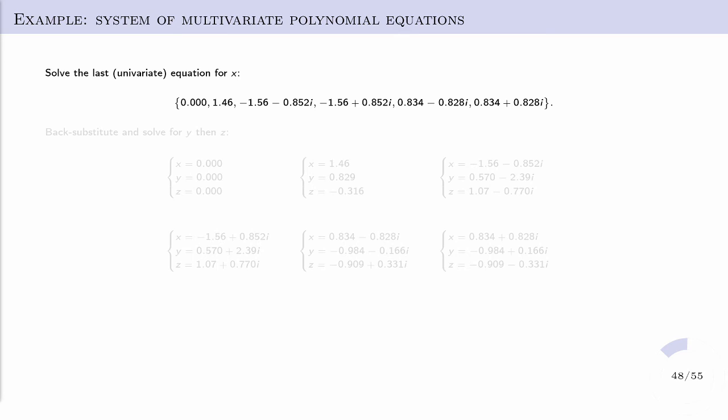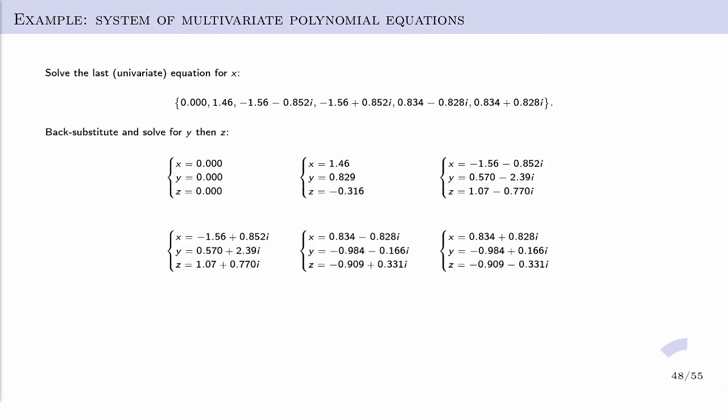And now we can apply either of the 2 strategies explained at the beginning of the lecture. So we can either back substitute these values for x, or we can keep eliminating other variables. For example, I substitute these roots for x. So if I substitute 0 for x, I get 0, 0, 0. So one solution of the system is 0, 0, 0.